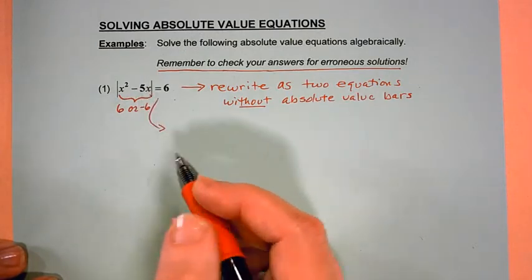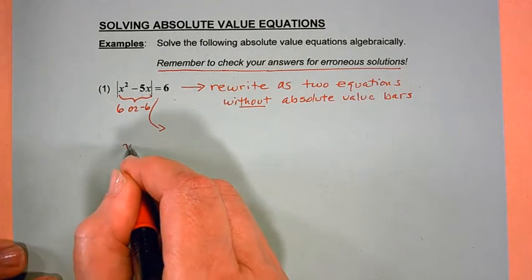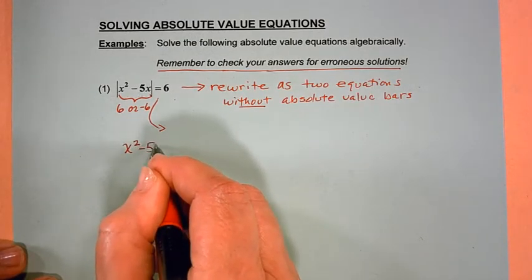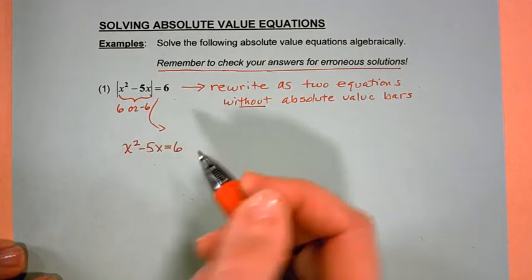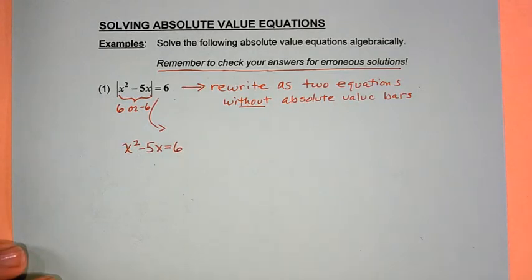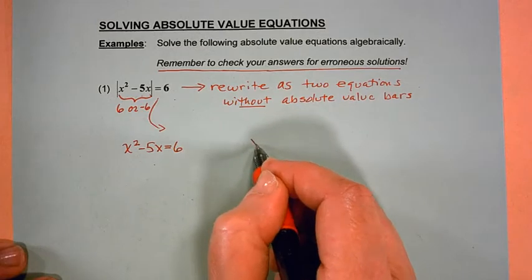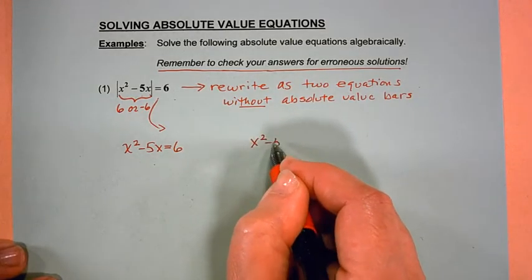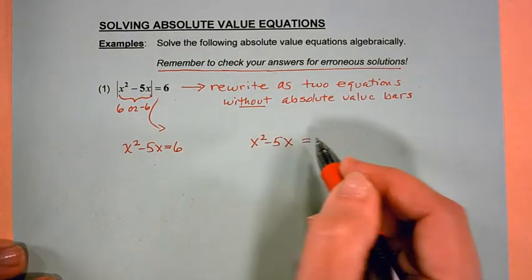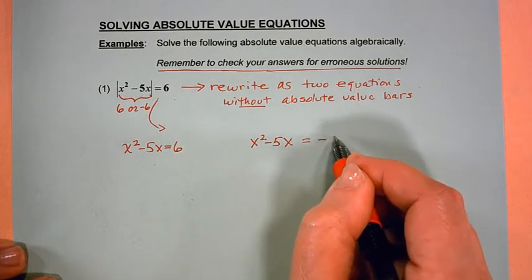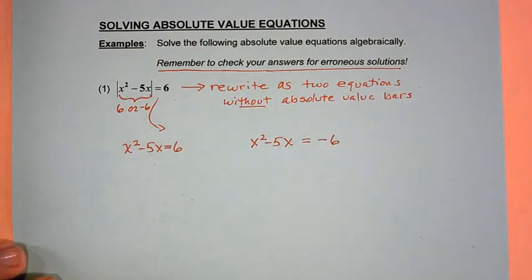The first time we write it, we take off the bars and write it exactly the way it is with no changes. The second time we write it, we still write what's inside the bars exactly the same, but we put a negative in front of the right-hand side.